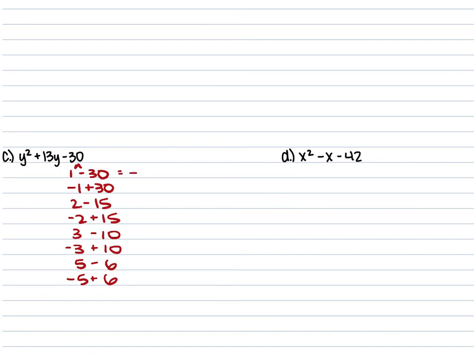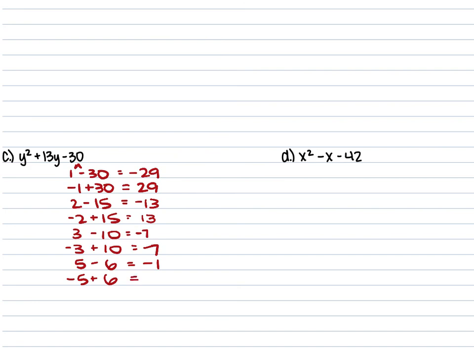1 minus 30 is negative 29. Negative 1 plus 30 is positive 29. 2 minus 15 gives us negative 13. Negative 2 plus 15 is positive 13. 3 minus 10 is negative 7. Negative 3 plus 10 is positive 7, these are opposites. Then 5 minus 6 is negative 1.